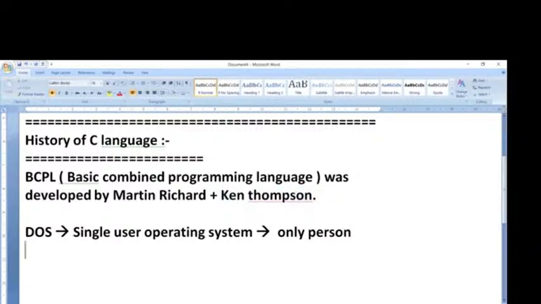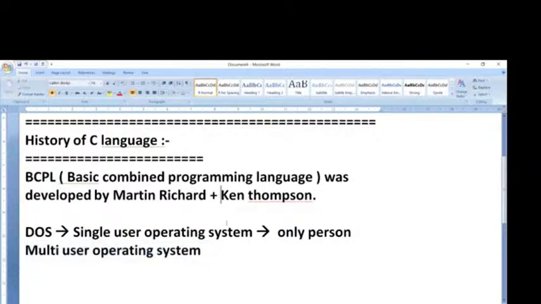So they wanted to develop a multi-user operating system. For that, he tried to develop a multi-user operating system using BCPL. But BCPL doesn't have the capacity to build a multi-user operating system.